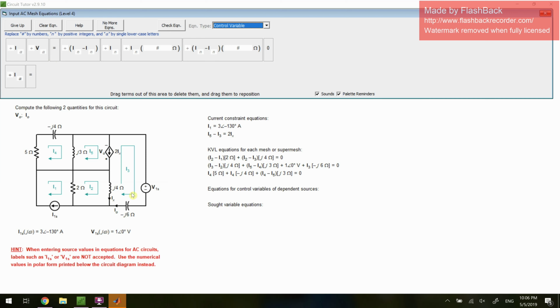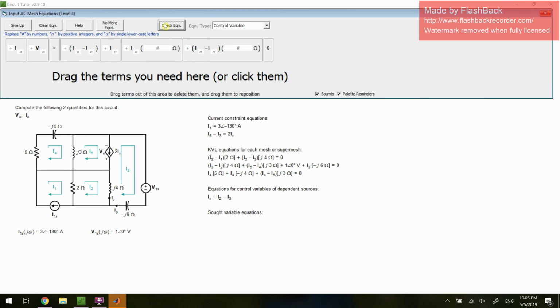So we look and we see that I2 is moving in the same direction as IX. So that is the positive current in our current difference, and then the negative is I3. So we just write that IX is equal to I2 minus I3. Check equation, perfect.